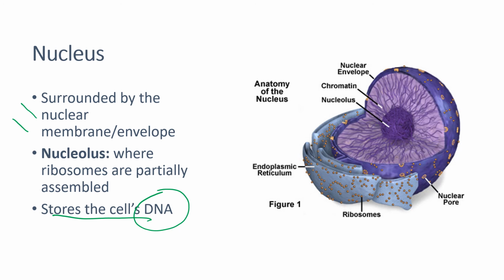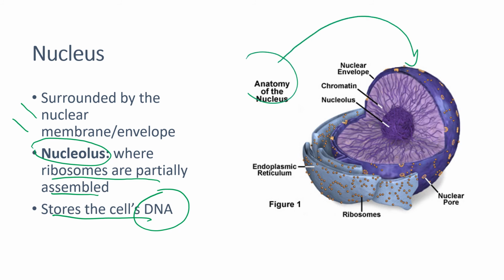One subcomponent of the nucleus is the nucleolus, and this is where ribosomes are partially assembled. So if you look, this is the nucleus, and you can see that it has the nucleolus and nuclear envelope, and from here you're able to make ribosomes, and that's where this part is going to come in, the endoplasmic reticulum.